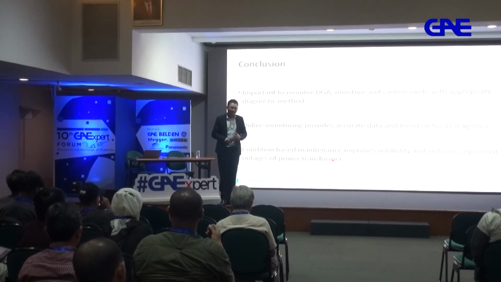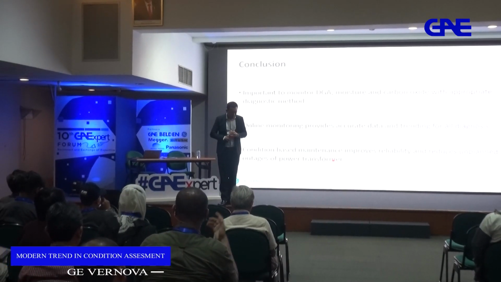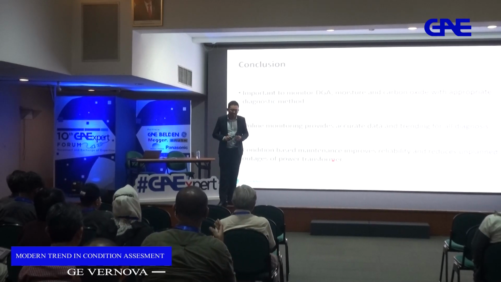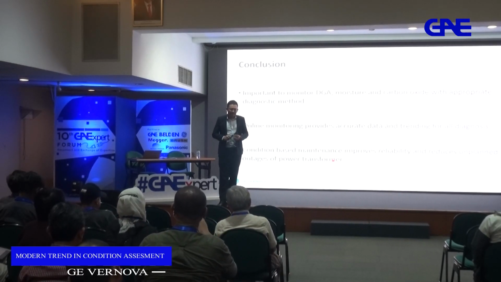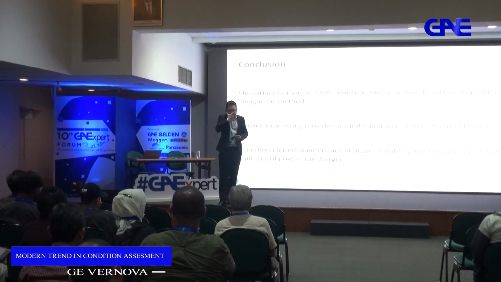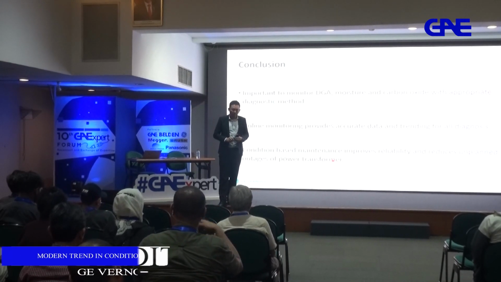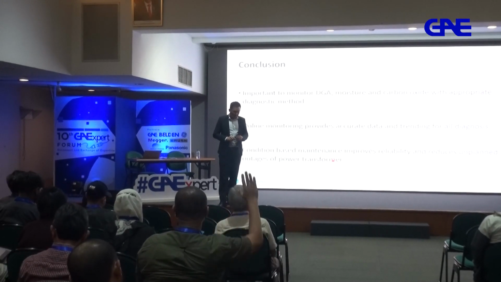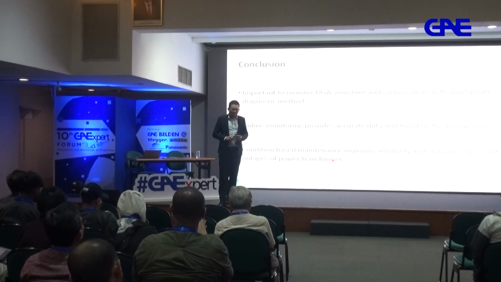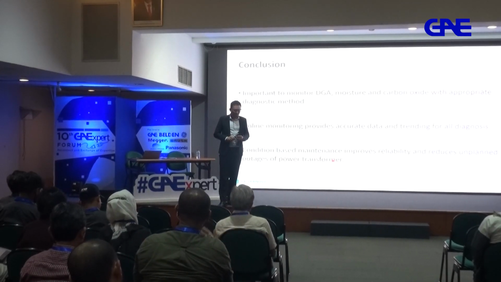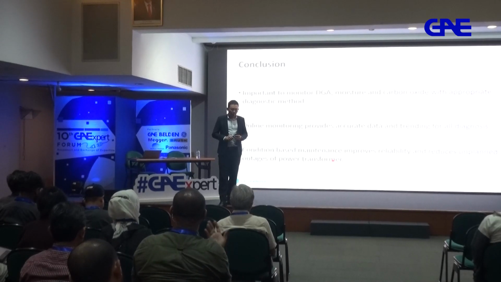And in your experience, having installed it in many projects, how long does it take for the gas trending to go from good condition to warning and then dangerous? Is it a period of hours, days, or months? Can you share with us?